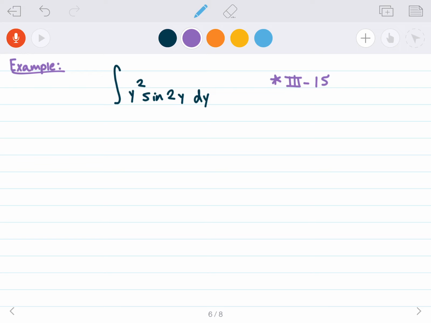So we have the following. We have polynomial times sine of ax dx is equal to negative 1 over a.